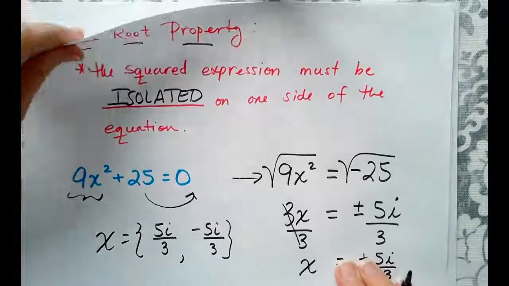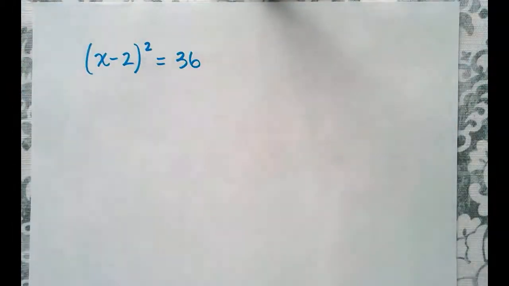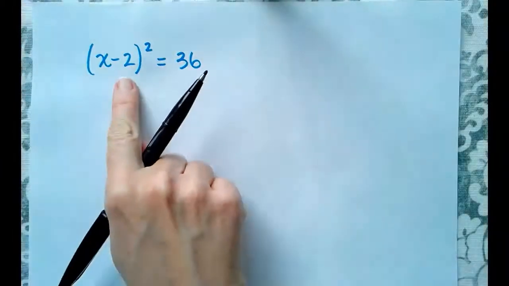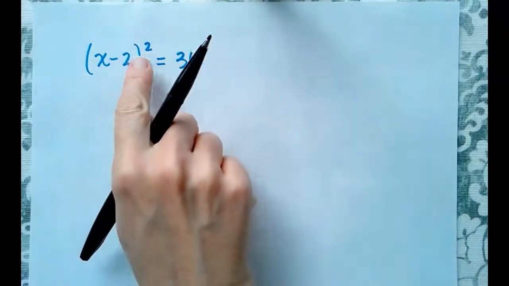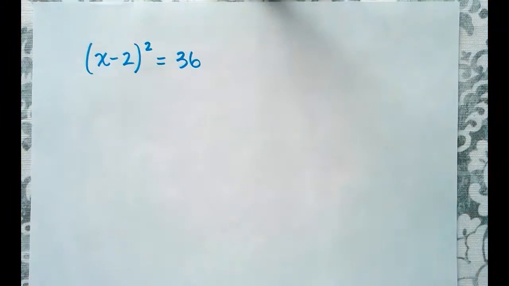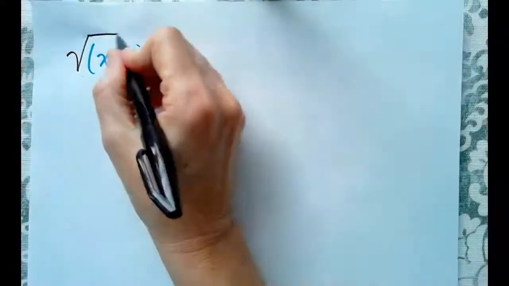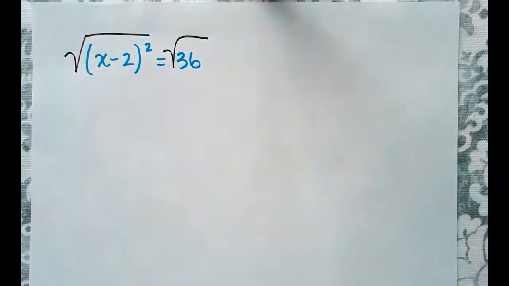Square root property one more time. In this case, the squared term is a quantity, and this quantity is being raised to the second power. But all the same, the squared expression is isolated. So all we need to do is take the square root of both sides.